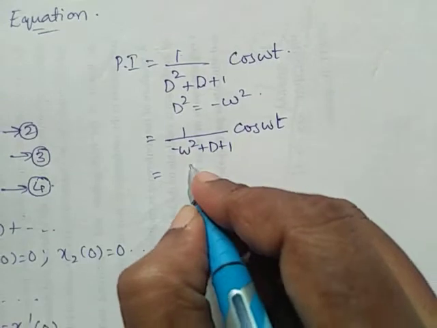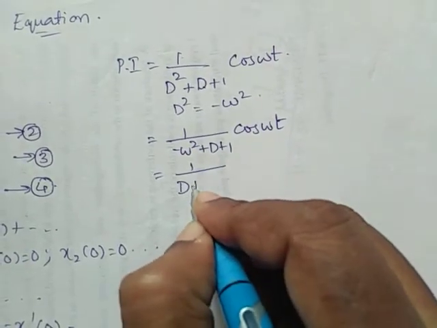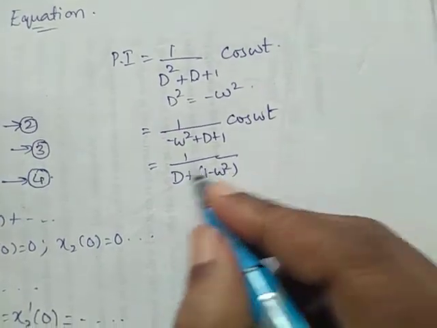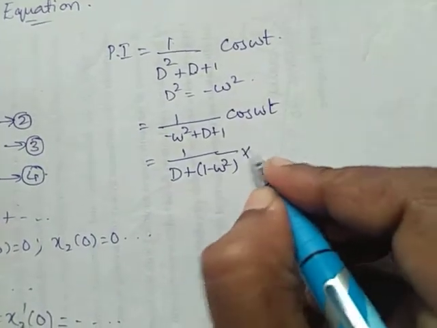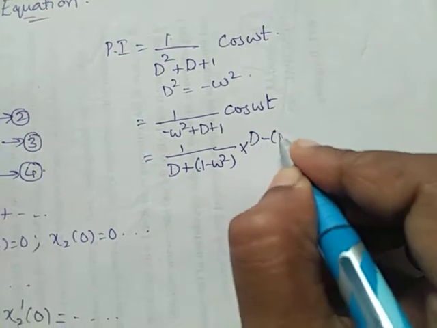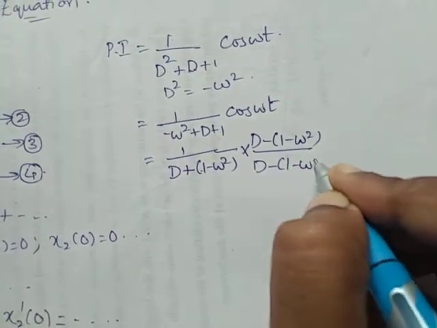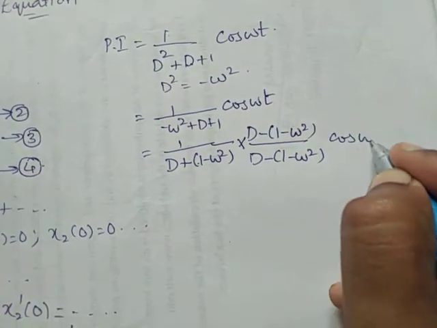So that is 1 by (d plus 1 minus omega square). Further, how will we simplify? Multiplying with (d minus 1 minus omega square) divided by (d minus 1 minus omega square) into cos omega t.